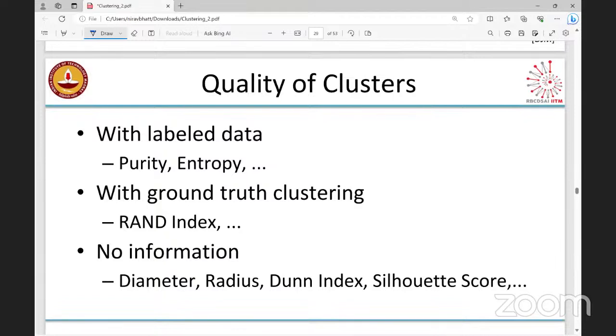There are different ways of solving the problem. If you have labels available, then you can look at the purity and the entropy of the clusters. There is the Rand index, and if there is no information on the cluster labeling, then you use diameter, radius, Dunn index, silhouette score.